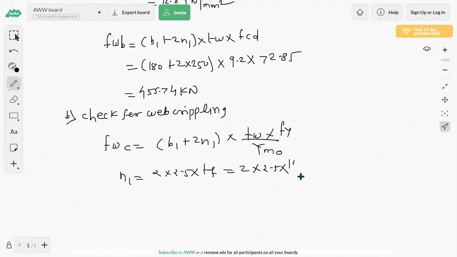I think 14.1. So calculate N1 here. How much N1? 2.5 into 2 is 5, 5 into 14.1 is 70.5. So 70.5 is N1. Now put the values in this formula.